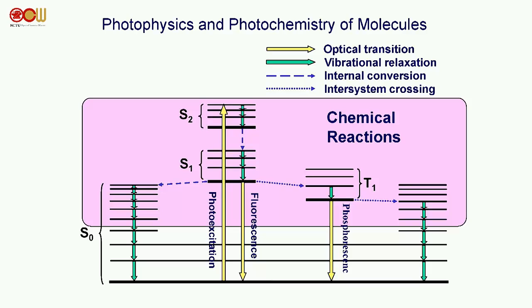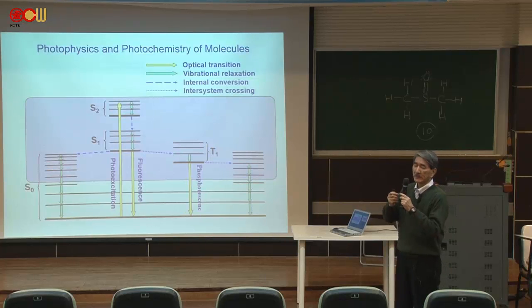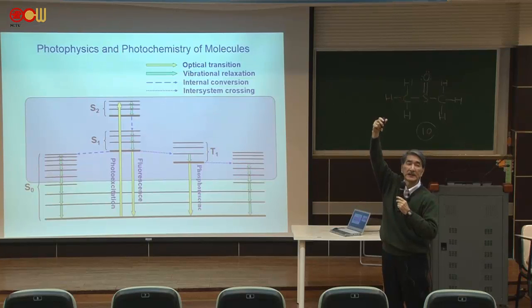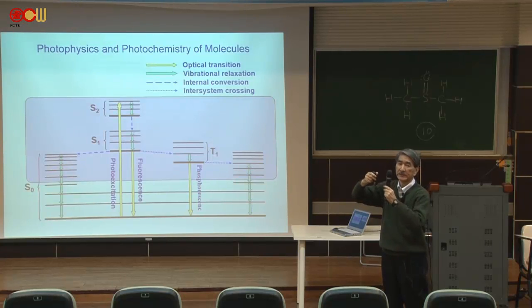So here I show you the excited state. So in the ground state, you have the singlet state. Singlet state means the two electrons in the ground state are anti-parallel. And if we excite one electron, it goes with the same direction of the spin, and then the total spin is 0 because it's paired. Okay?